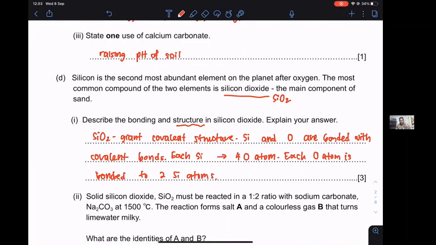So if you have this, you just need to select any of these 3 and you will get the marks. So giant covalent structure, bonded with covalent bonds, or you mention this or this, they will give you the 3 marks. Any 3 from these suggested 4 statements.